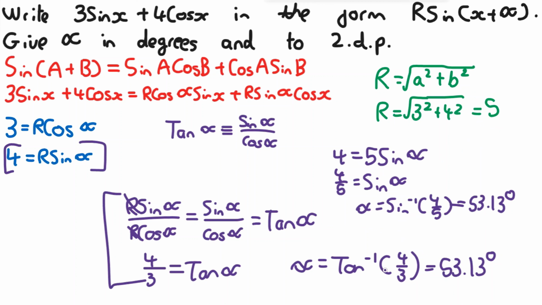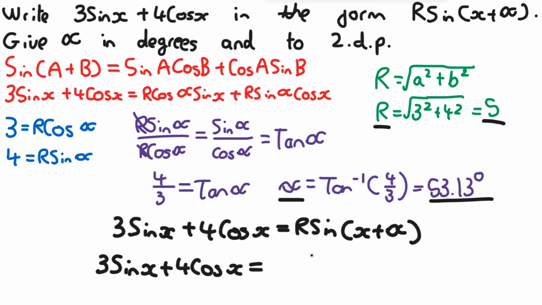However, if you do it using the method down here, because the r's cancel out, you still get the correct value of alpha, 53.13 degrees. This is the slight advantage of doing it this way: if you do mess up your r calculation, your value of alpha will still be correct and you'll still get marks for that, which you won't if you do it this way.